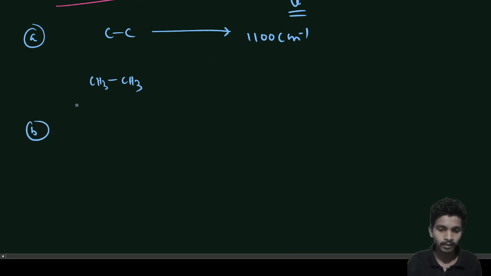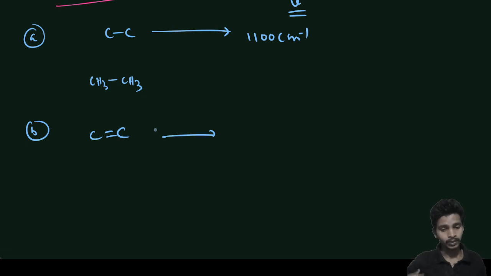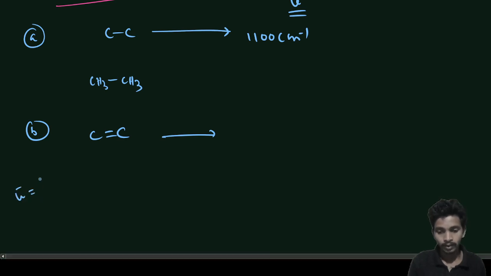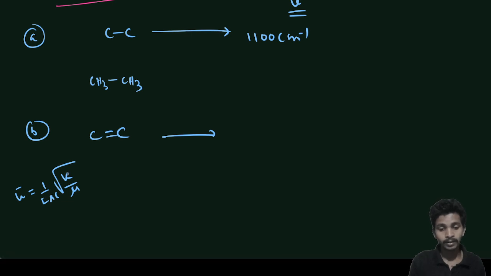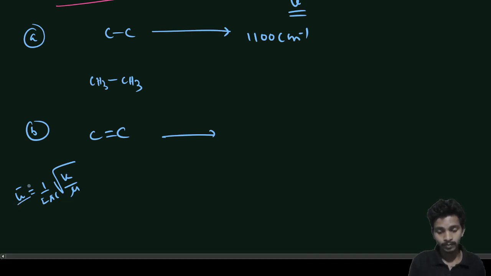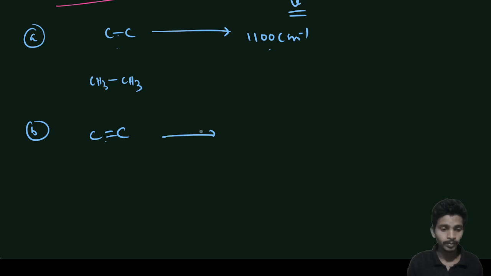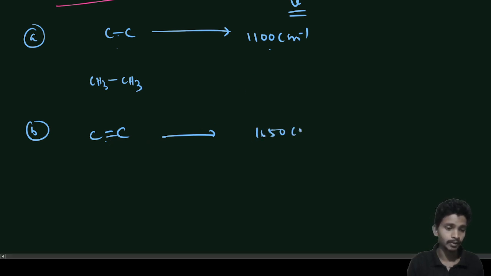If a CC double bond is there, the stretching frequency is equal to 1 upon 2 pi c times the square root of k upon reduced mass. If the force constant, that is the bond strength, increases, then the frequency increases. From single bond to double bond the bond strength is higher, so its value increases to 1650 centimeter inverse.